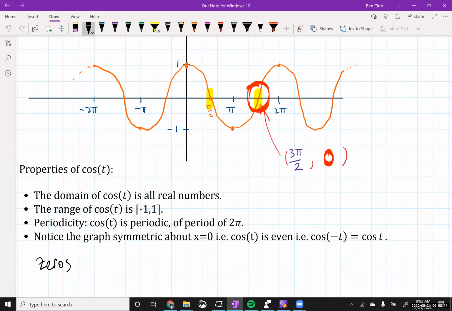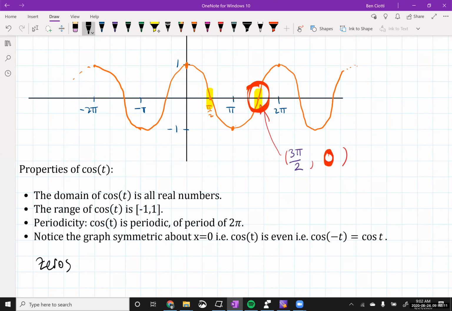Okay, we can even compare it to the original sine graph. On the original graph of sine, one thing you can do is look at what it's between. It's between negative 2 pi and negative pi.